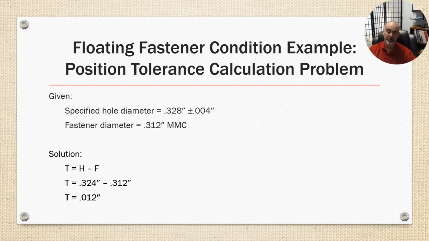So your tolerance zone for this floating application would be 12 thousandths.